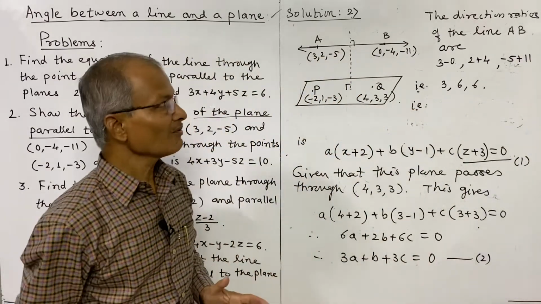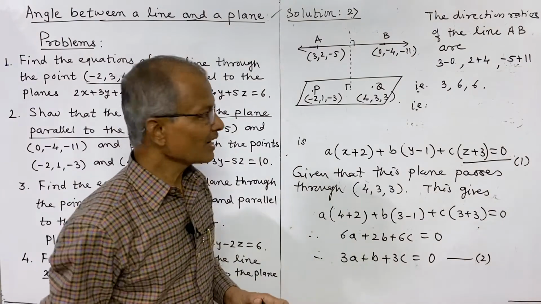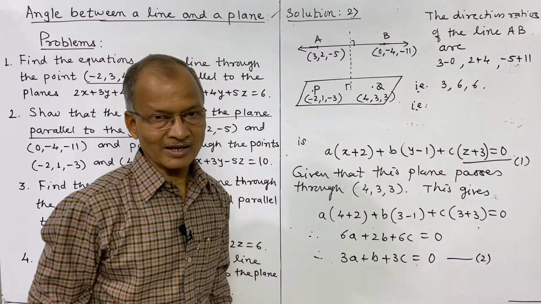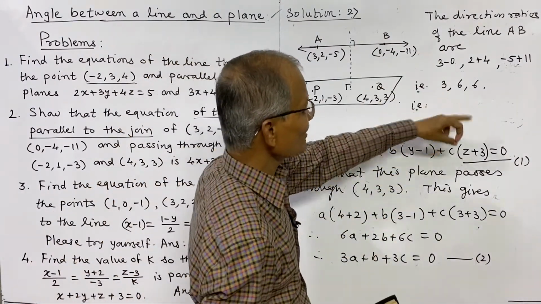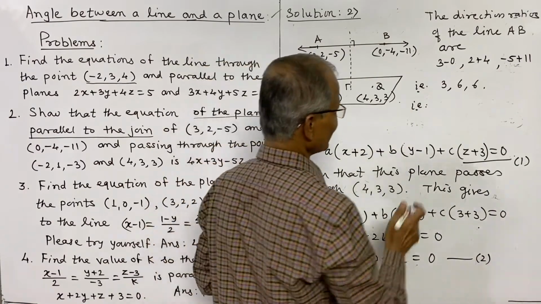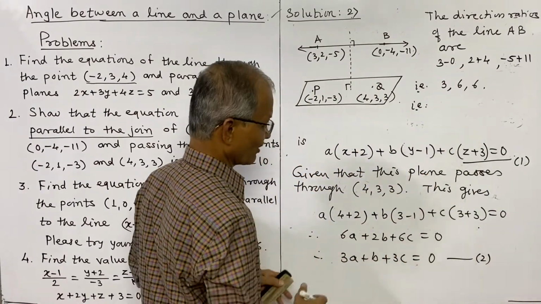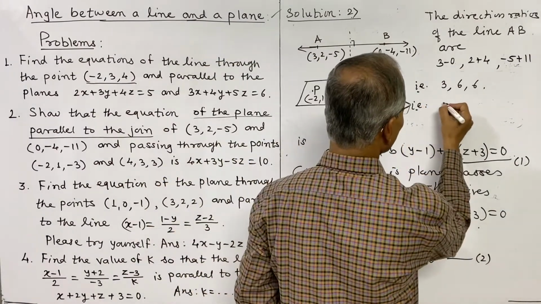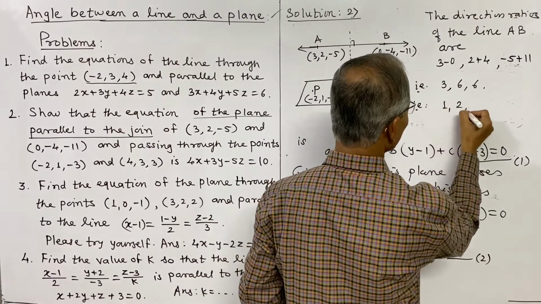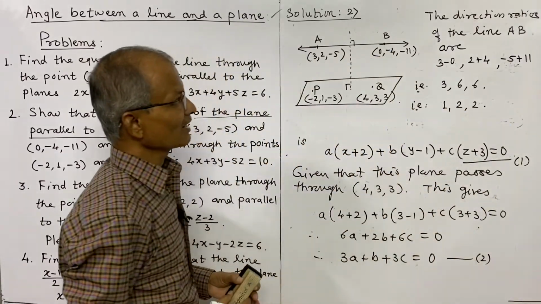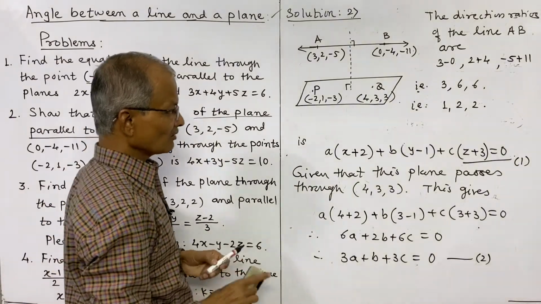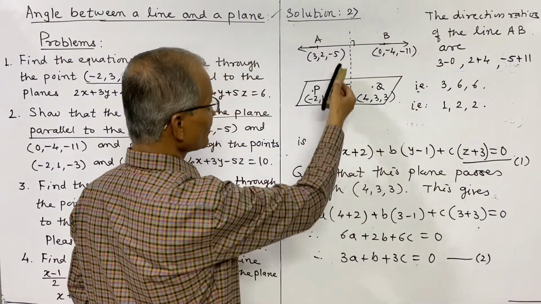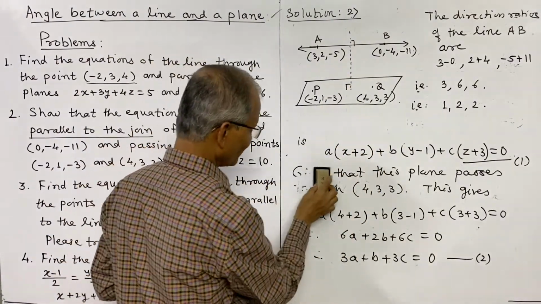This can be written in reduced form. These are proportional values, and therefore we can divide or multiply by any number. So to make it smaller, we will divide by 3, as we have done earlier, and this is divisible by 3, so it is 1, 2, 2. So these are the DRs of the line AB. Now the line AB is perpendicular to the normal, so that fact we shall use.